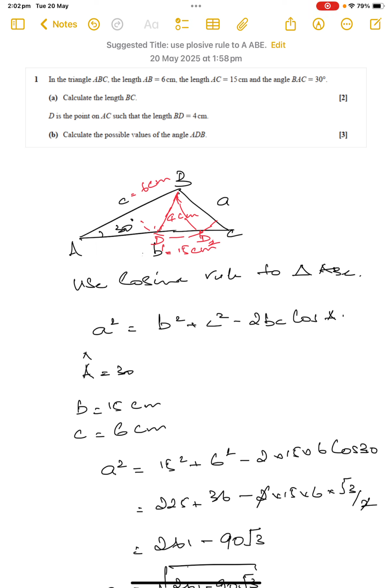Calculate the length of BC. D is the point on AC such that the length BD equals 4 centimeters. Calculate the possible values of the angle ADB. Let's start with part 1.